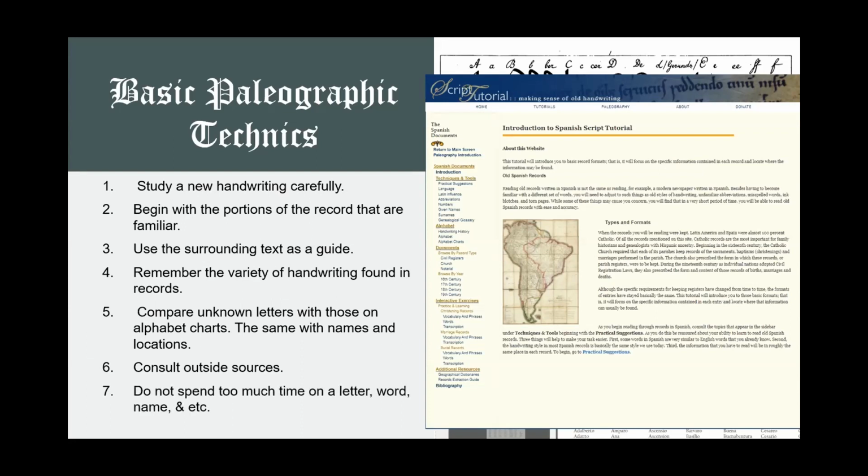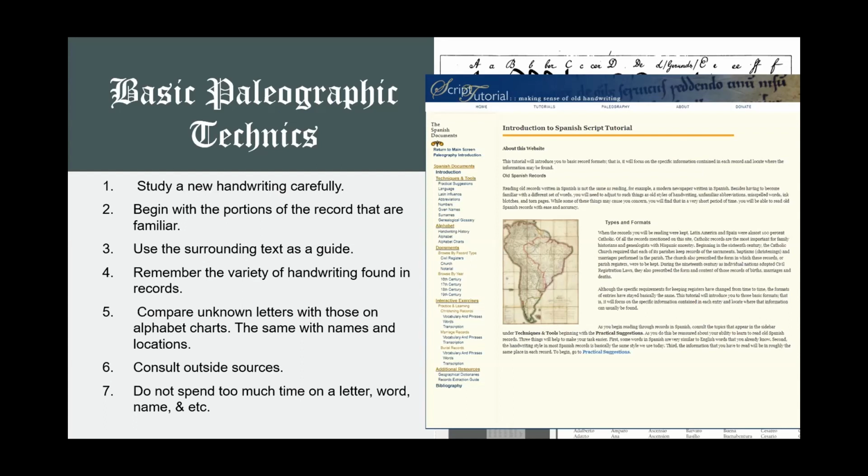The most important thing as you go through a document is not to spend too much time on one letter, word, or name. It's very tempting, especially with us being used to printed materials, to want to read everything letter by letter and to understand everything as we go.